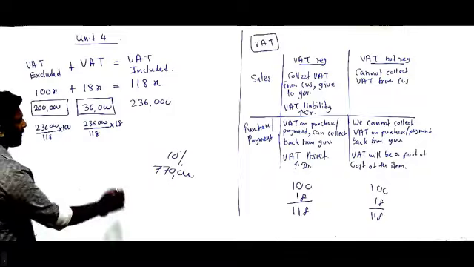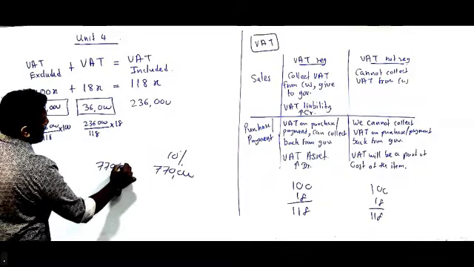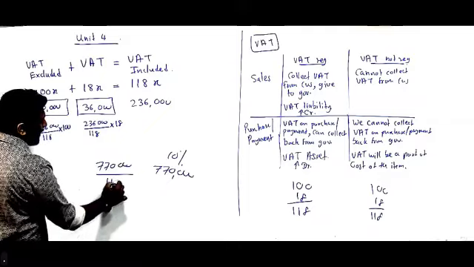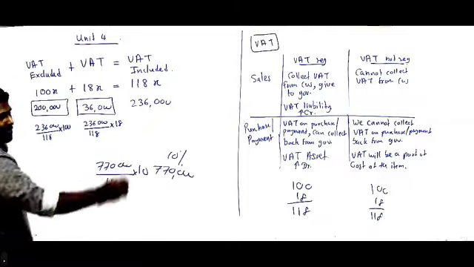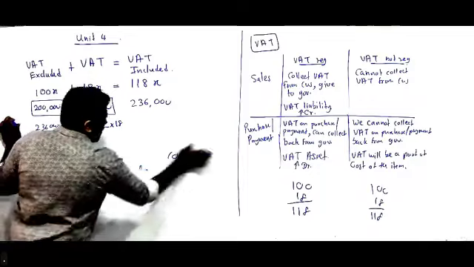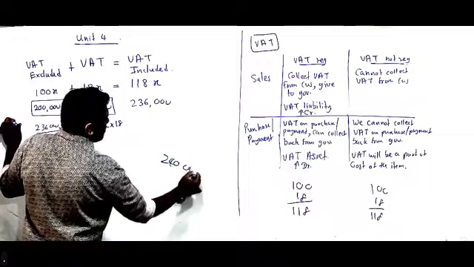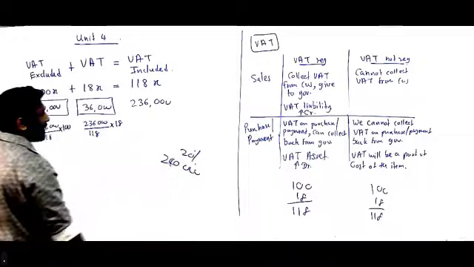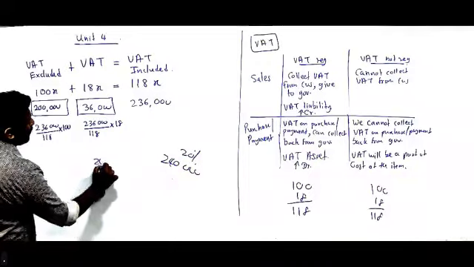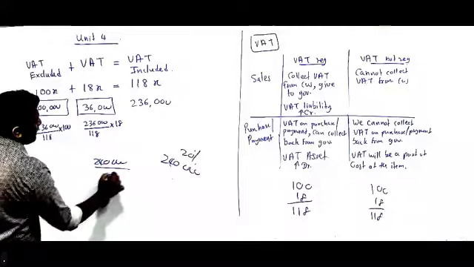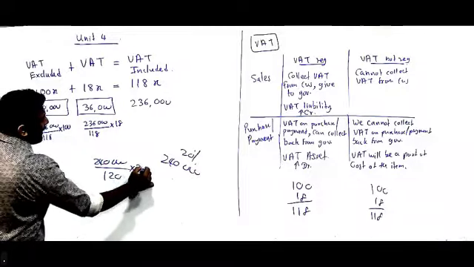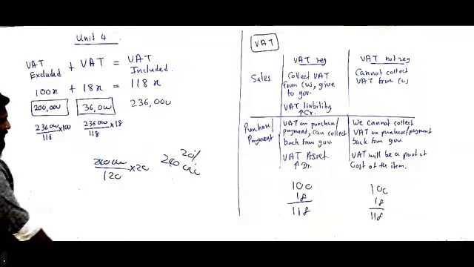Then how to find the VAT amount? 770,000 divided by 110 into 10. That's how you should take. Another example: 240,000 with 20% VAT inside. Then how to take it? 240,000 divided by 120 into 20.